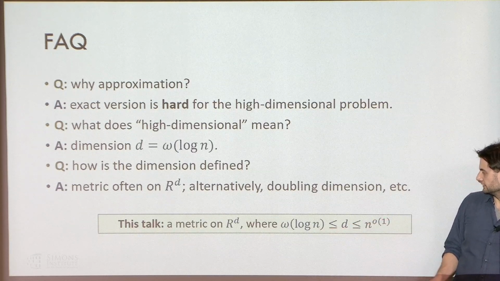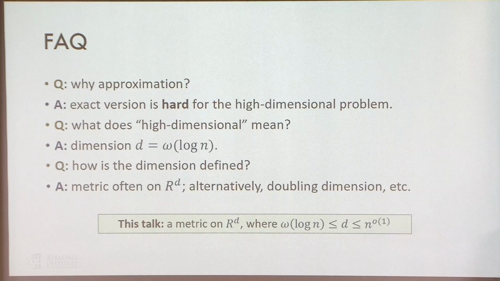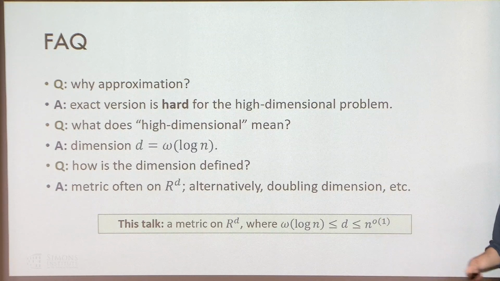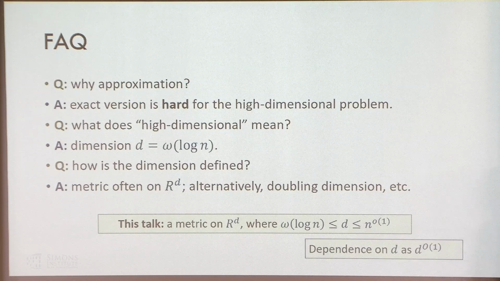We'll also think of dimension as being smaller than polynomial in n, just because when it's bigger, other types of algorithms kick in. Most importantly, what we'd like to obtain is a dependence on dimension which is polynomial, as opposed to algorithms exponential in dimension.